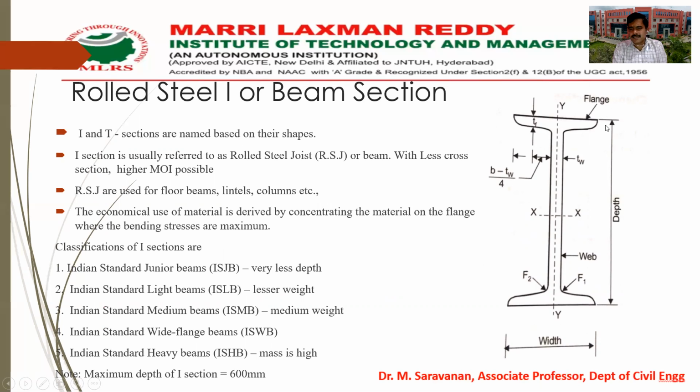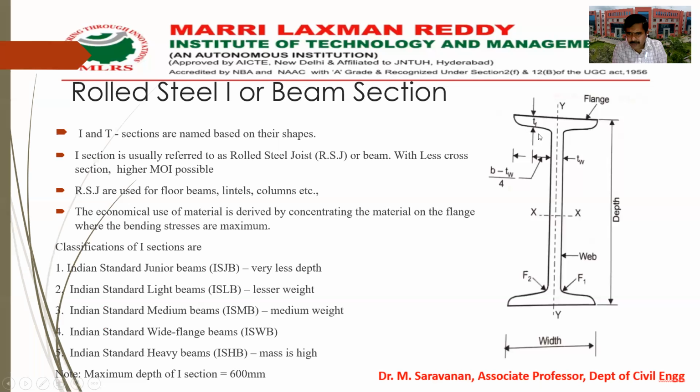Here you can see this is the I section. This portion is called the flange portion, and this portion is called the web portion. In the I section, this is the top flange, this is the bottom flange, and between them is the web. This is the depth of the I section, this is the width, this is the thickness of the web, and this is the thickness of the flange.